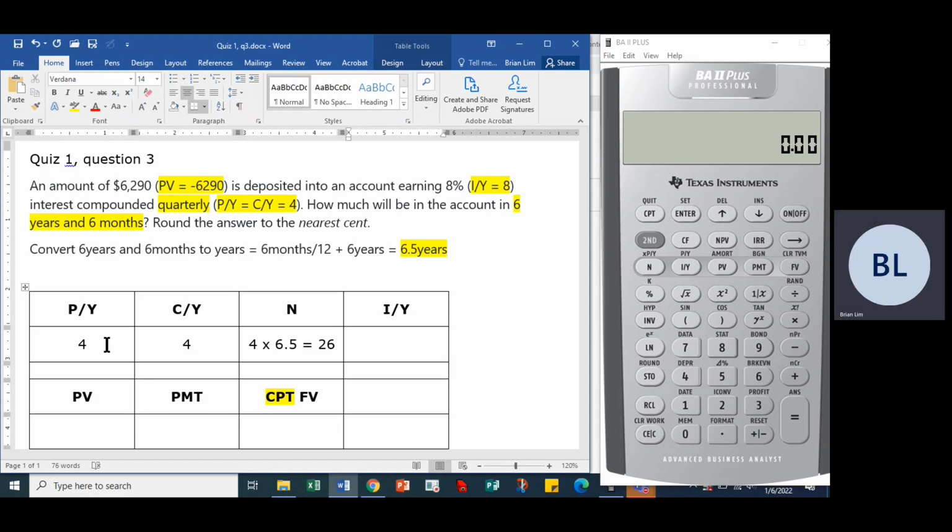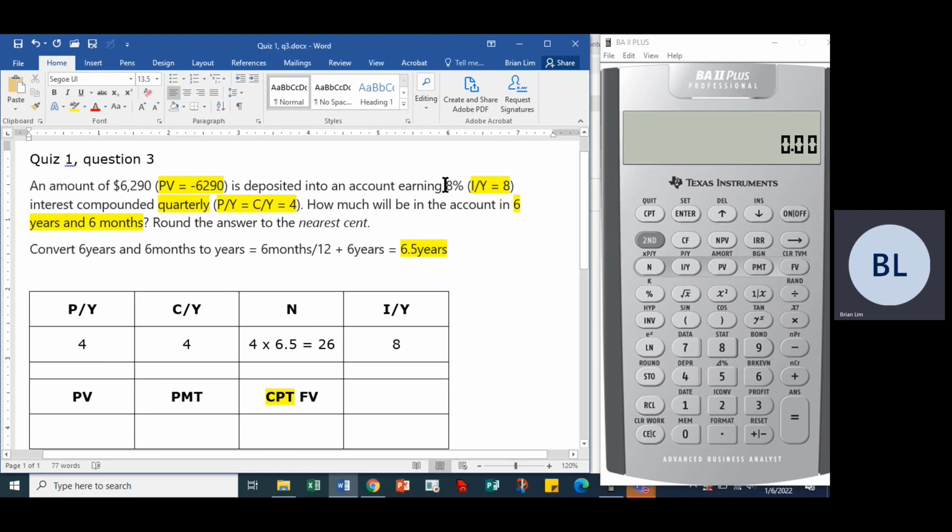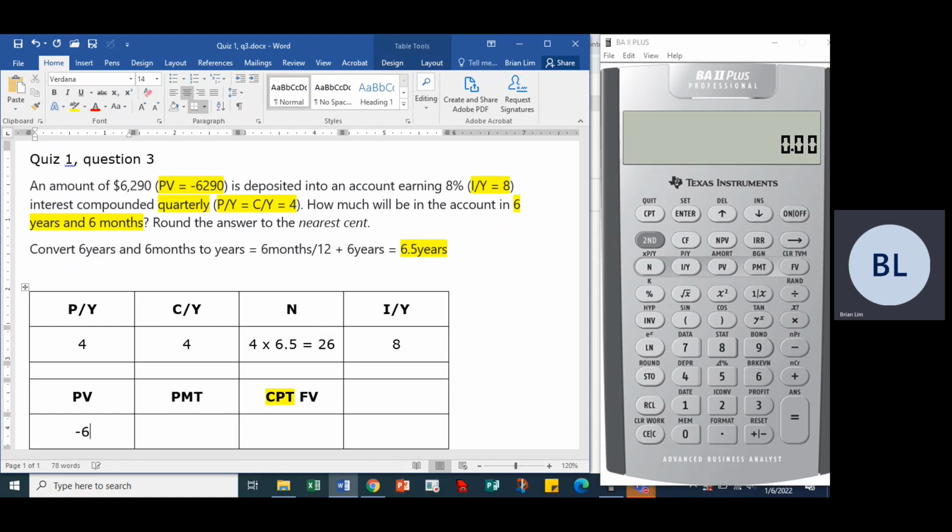We could check that with the calculator. IY is 8, and that's the 8 right up here. Present value is 6290, so let's put it in as negative 6290. Payment is 0, and the future value we are computing.